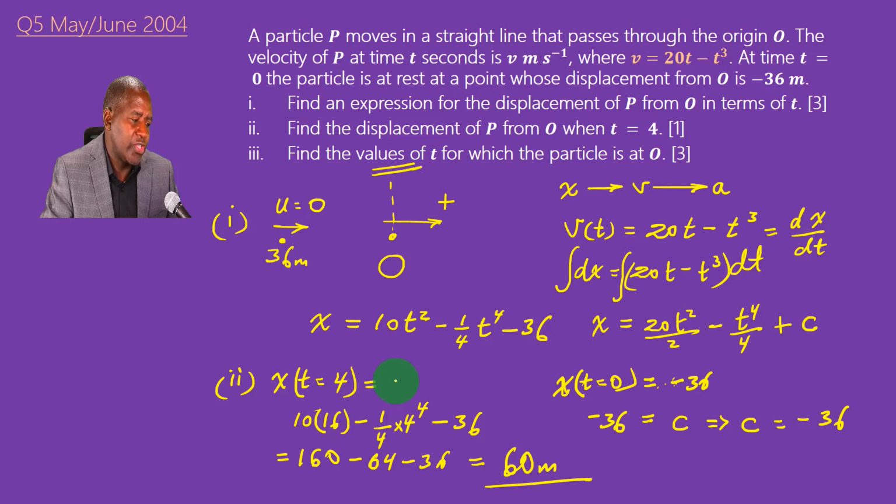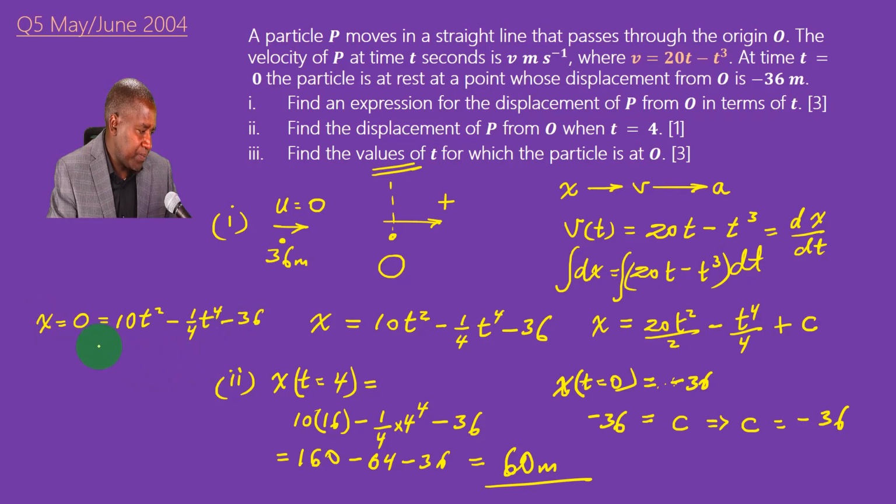So if the displacement is 0, I'm going to take this expression x and say that x is 0. And that one is equal to 10t squared minus a quarter t raised to power 4 minus 36. Everything is equal to 0.